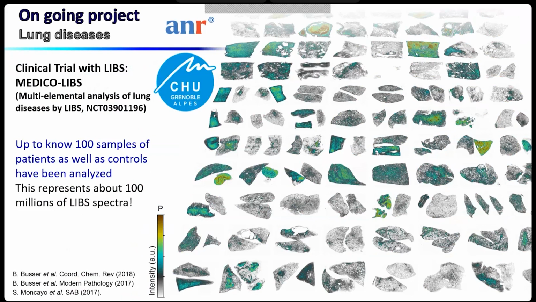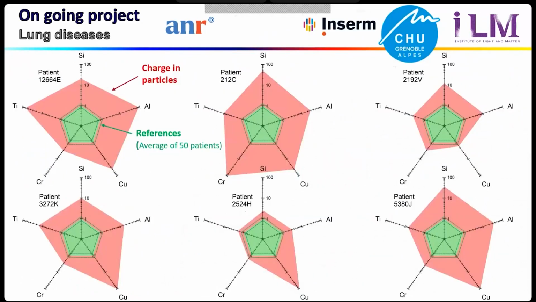So the interpretation is not easy, but for sure what we can see is that for most of the patients, we see a much stronger signal for elements such as silicon, aluminum, titanium, copper, and chromium. So it really means that these diseases that are idiopathic, meaning we don't know the origin of the disease, may be related to strong accumulation of some metals. I don't know, I'm not an expert on that.